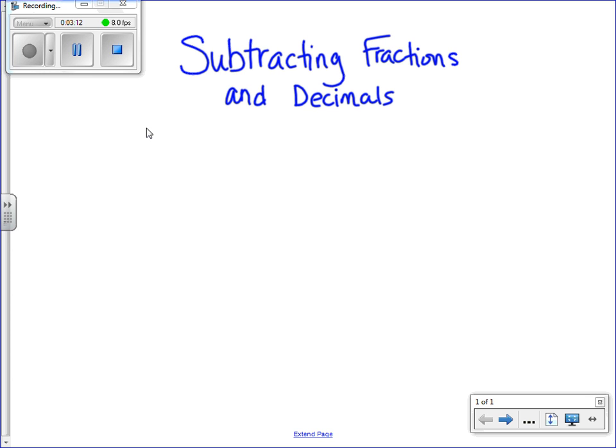A different situation might be where we have, let's do 7 and 1/2. And then 3 and 3/4, and we're subtracting them.